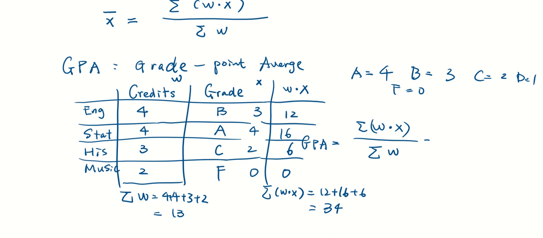Okay, so your GPA is 34 divided by 13, which you can compute with a calculator. 34 divided by 13, you can round it. I will round it to the nearest hundredth. That's 2.62. So that's your GPA.